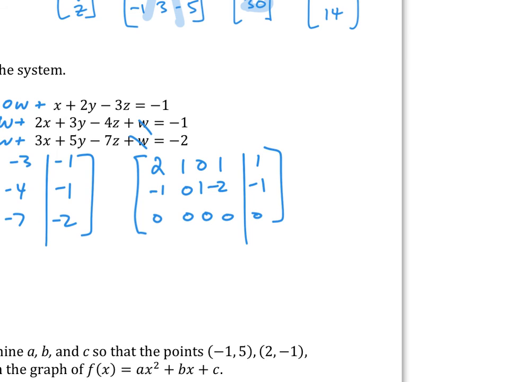We are going to write them as equations first. So that's 2w plus x plus z equals 1. And then the second equation is minus w plus y minus 2z equals -1.